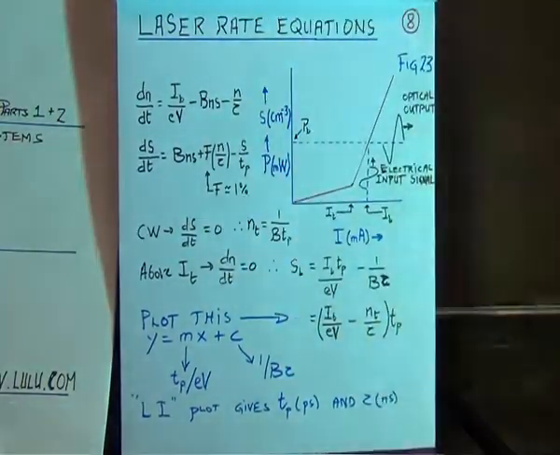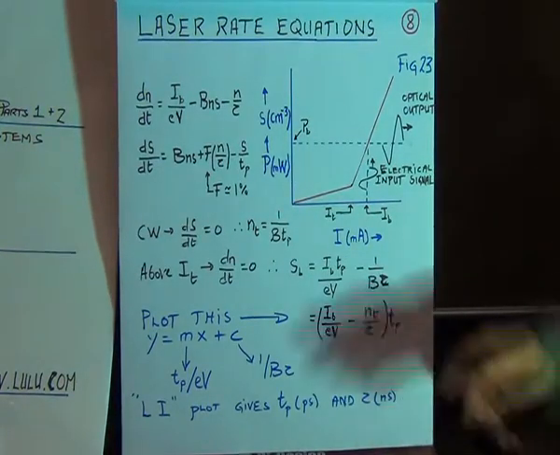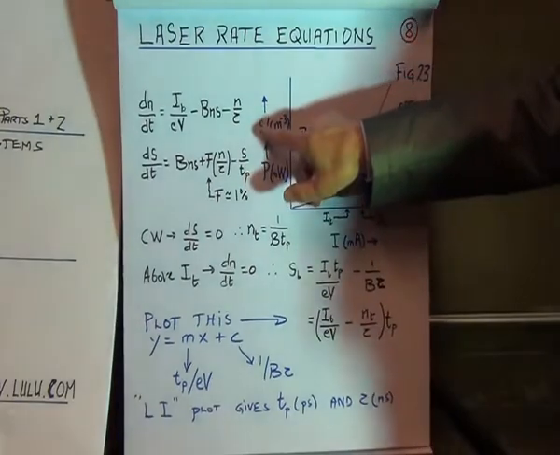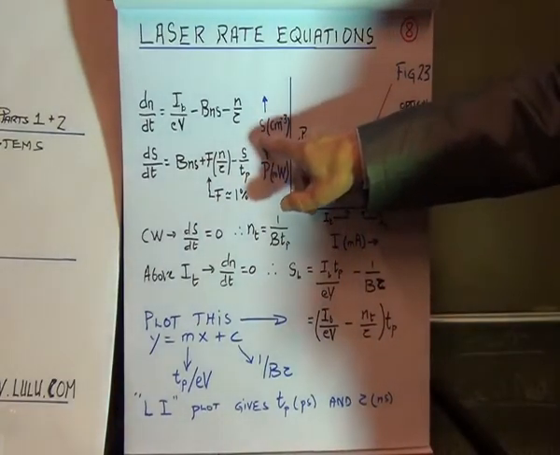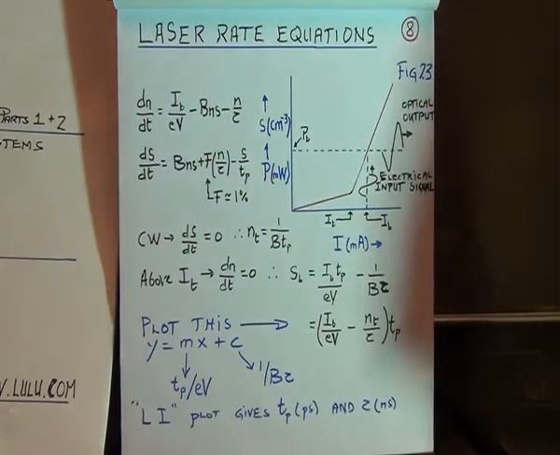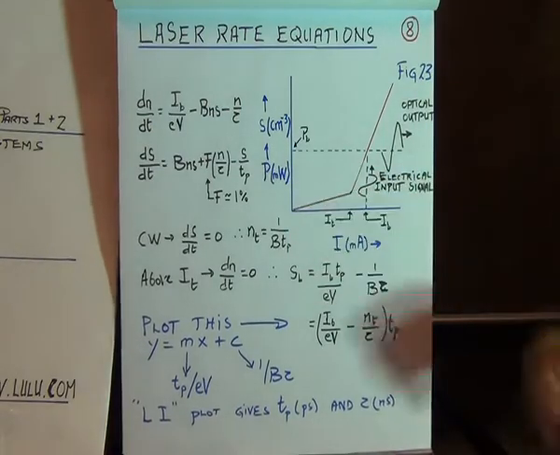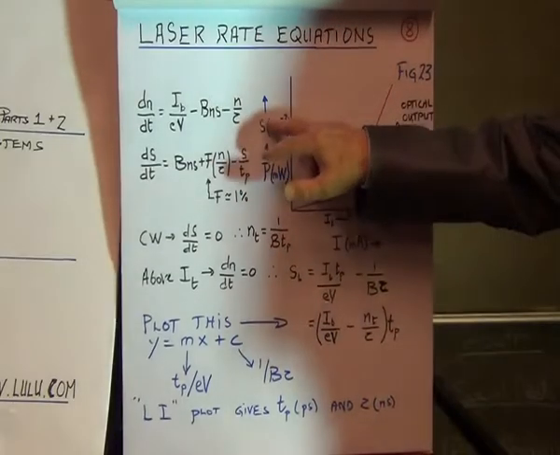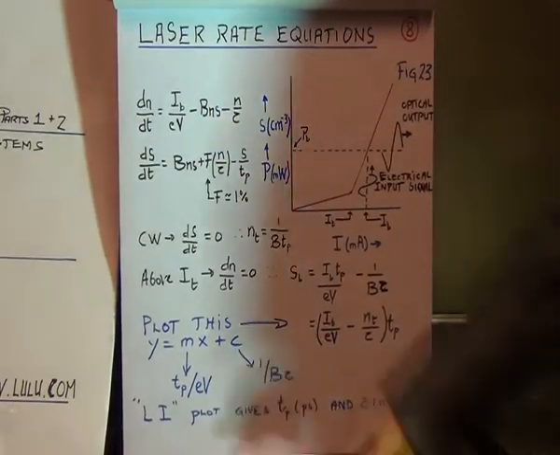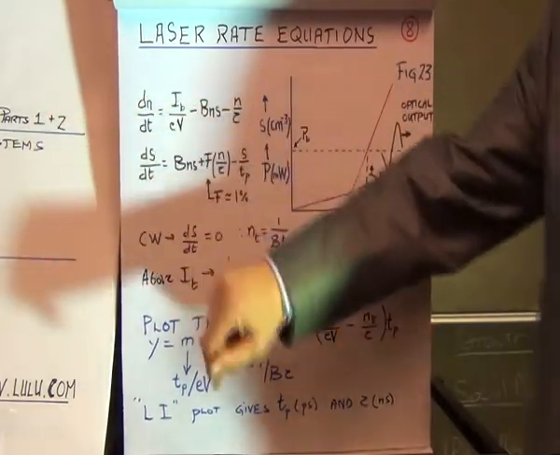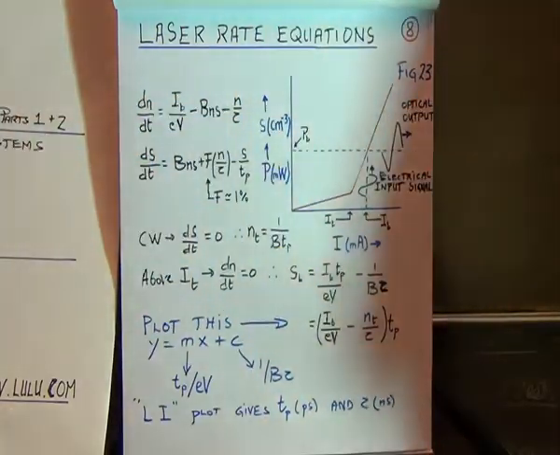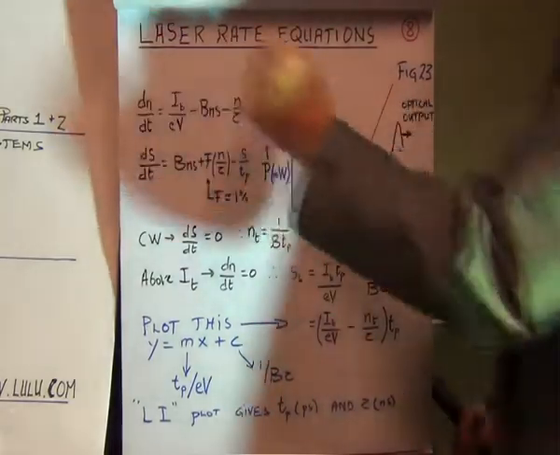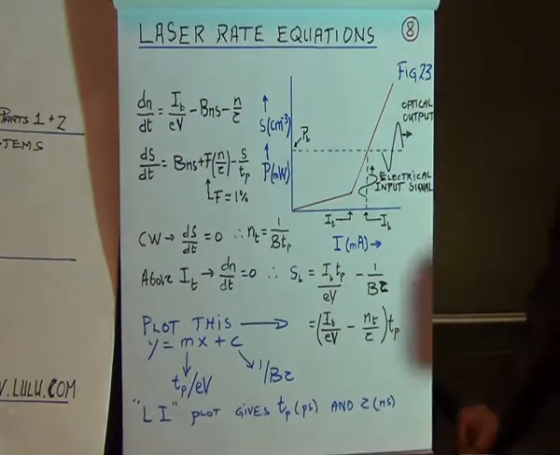That diagram, the last one, can be written slightly differently. Instead of power in milliwatts, you could write the photon density per cubic centimeter of space against current. Now, the photons in the cavity, and n, say, the number of carriers, is changing with time, dn/dt. Why?